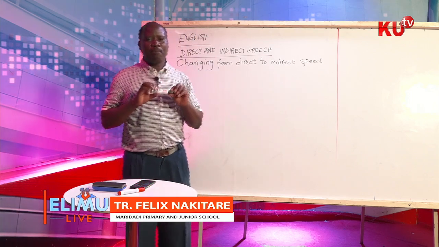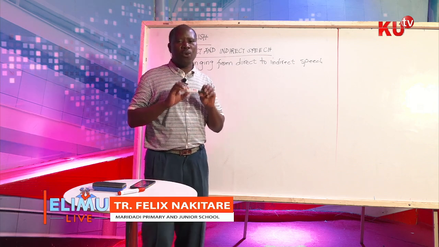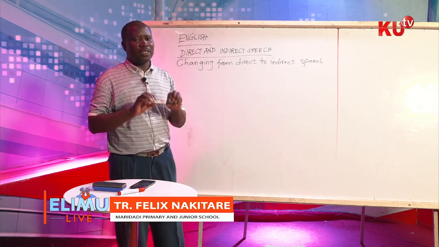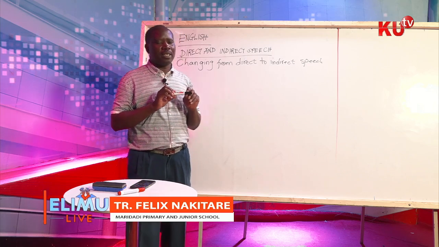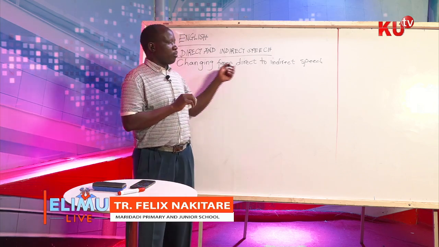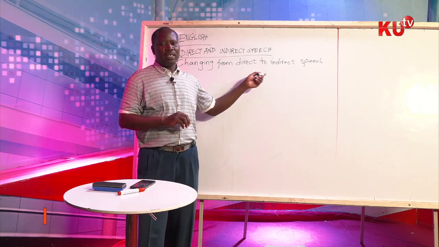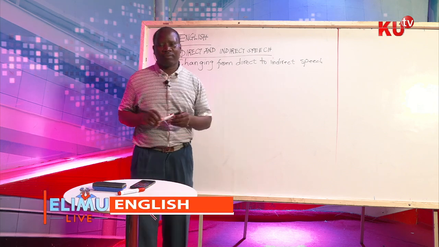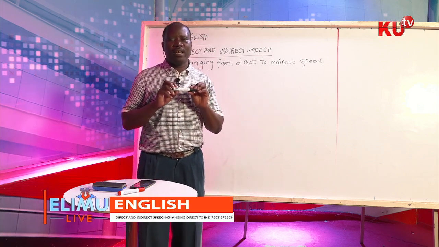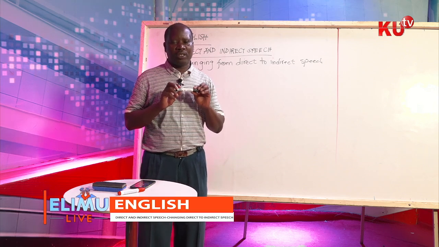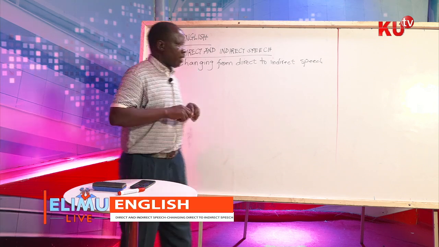Now, what must you consider? What must one consider so as to be able to correctly and without any mistake change from direct to indirect speech? Here are 4 points that we have to consider and take proper care of.